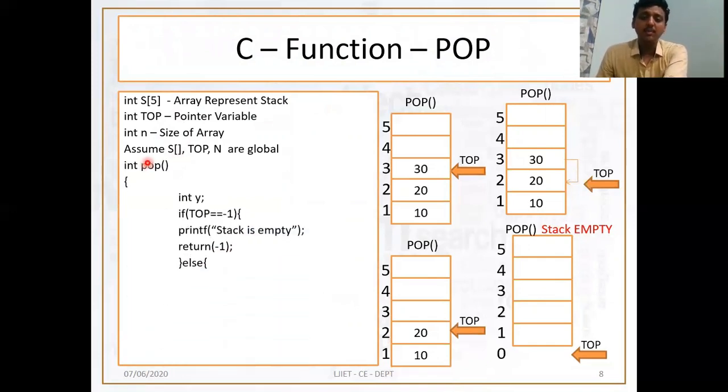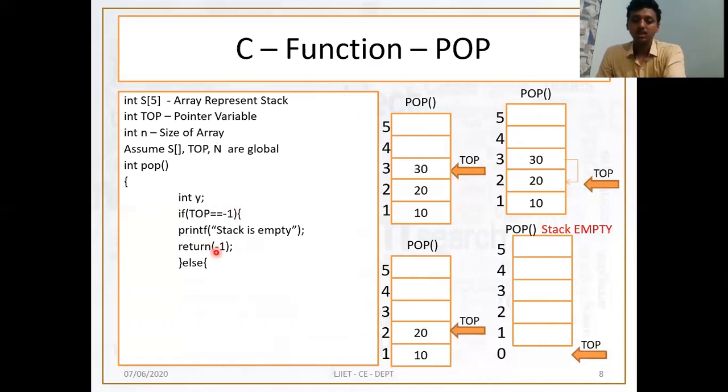So here I am returning something, that's why taking integer. Integer pop, declaring integer y. The first condition is to check whether the stack is underflow or not. This figure shows the algorithm. In the algorithm, if top is pointing to 0, then it is underflow. But in the program, if top is pointing to -1, then the stack is empty.